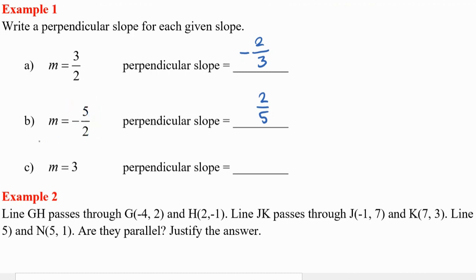Okay? 3. How would you flip 3? 3 is the same as 3 over 1, right? If you flip it, it is 1 over 3. And since we are making a negative reciprocal, put a negative sign. So this is how you make a negative reciprocal.